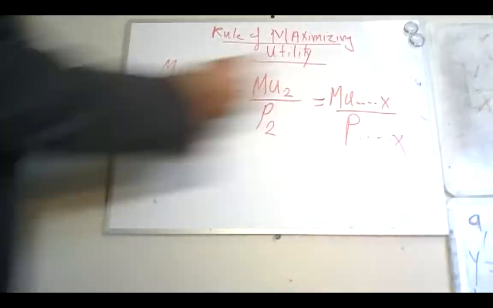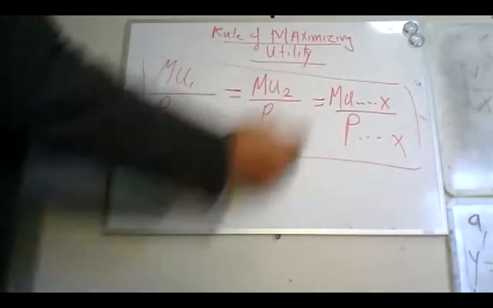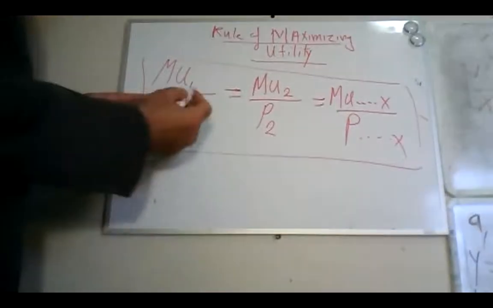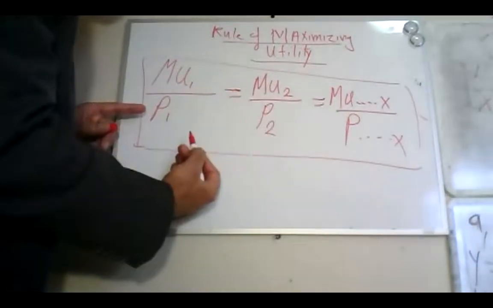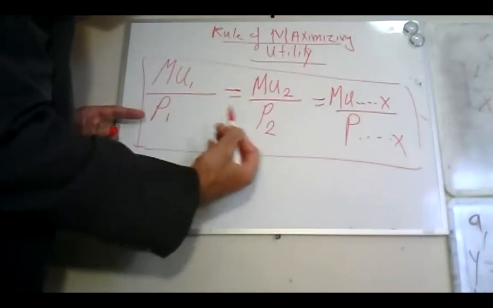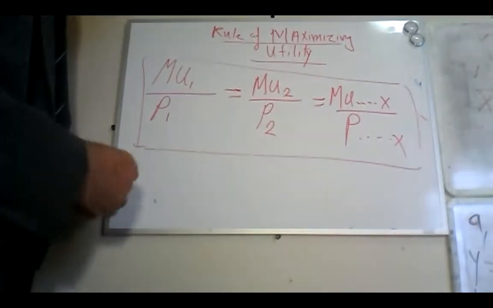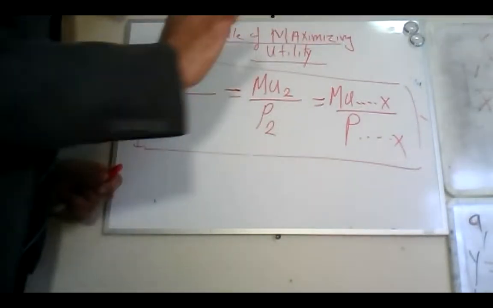This is the rule for maximizing. When we reach this equilibrium, where the terms are equal, we achieve the condition, which means the consumer maximizes his benefits at this point.